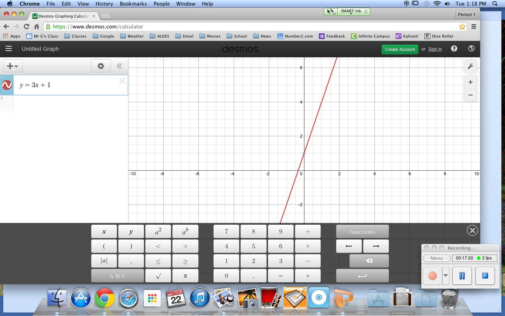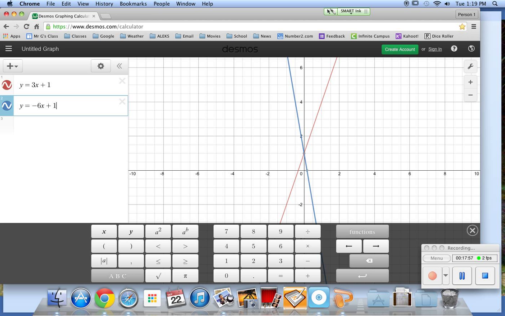Let's go down and grab another equation. Let's say we have another one that is y equals minus 6x plus 1.